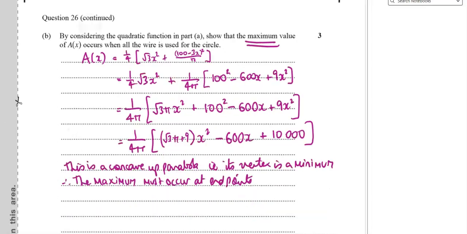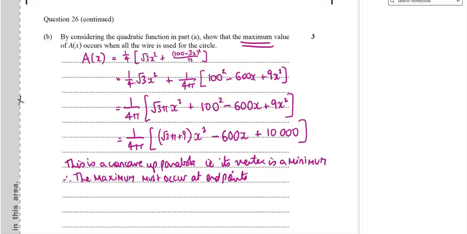Okay, now we know that 3x is trapped between 0 and 100. So x is trapped between 0 and 100 on 3. So we need to test what happens at x equals 0 and x equals 100 on 3.